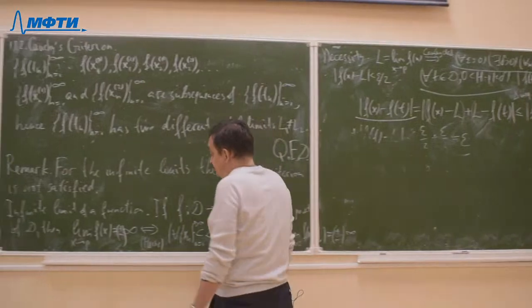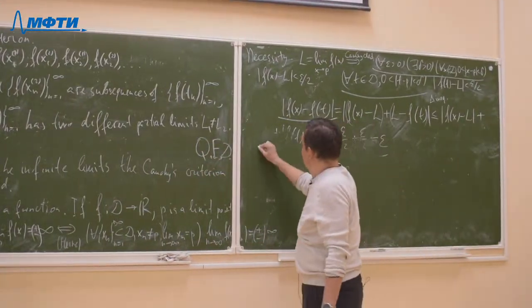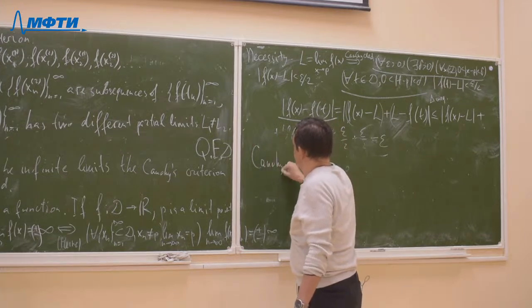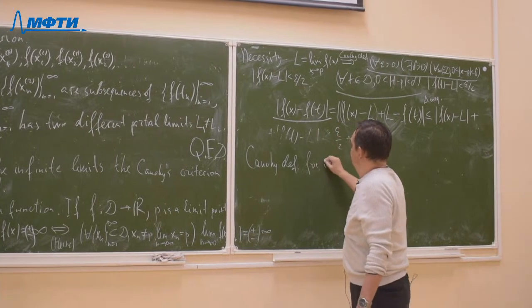What is the Cauchy definition for the infinite limit?